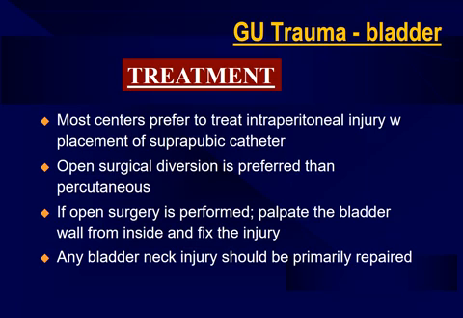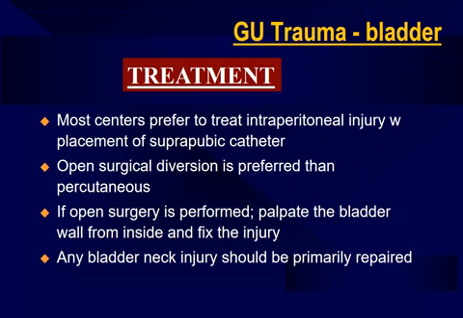In most centers, they prefer to treat the intraperitoneal bladder trauma with placement of a suprapubic catheter. We will have a suprapubic catheter with or without a urethral catheter. So we may need some sort of intervention. This catheter should be placed by open surgery.